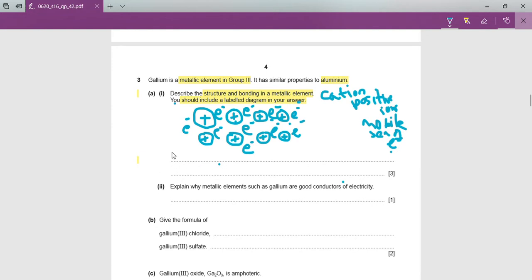So if you have difficulties drawing like I do, you can explain it in 3 different points. You can say attractions between cations and mobile sea of electrons.